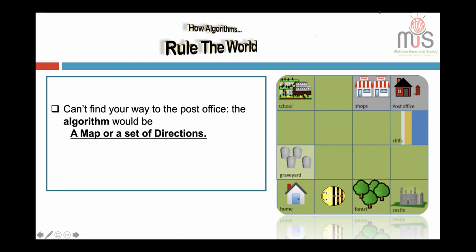So let's hear from Maureen as we also wait for others' opinion. First, you go straight up ahead next to the school, and then you turn left, and then you go straight up ahead next to the shops, and then you reach the post office.